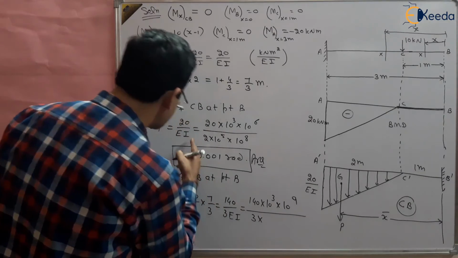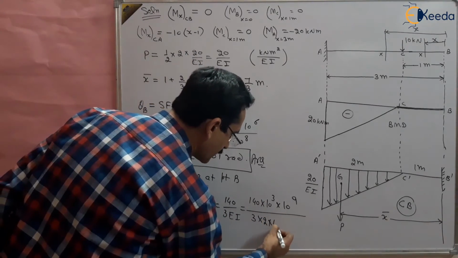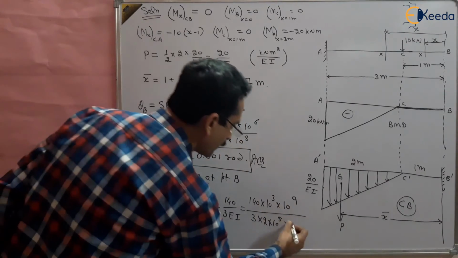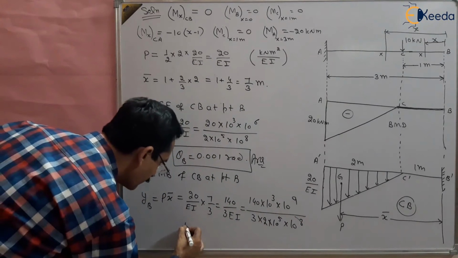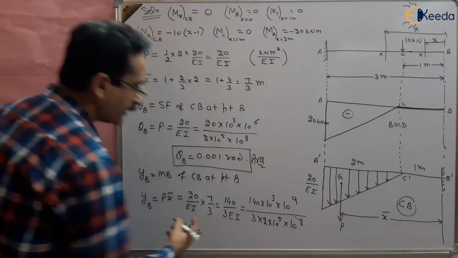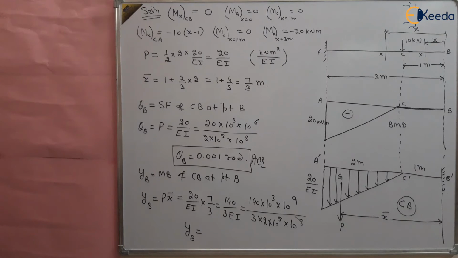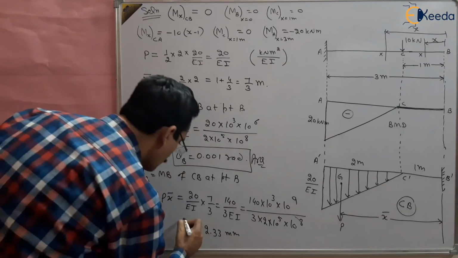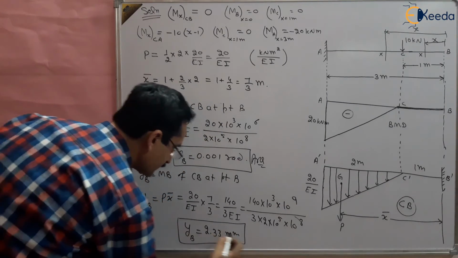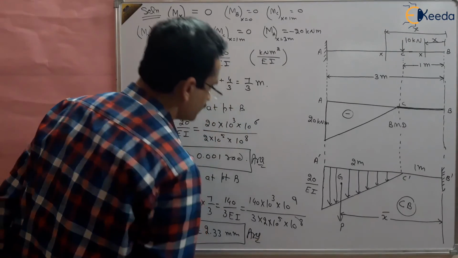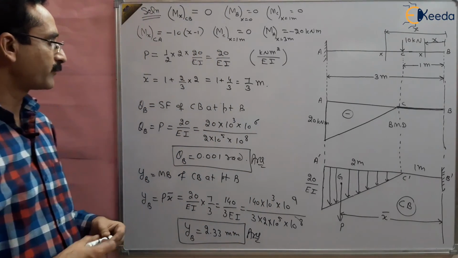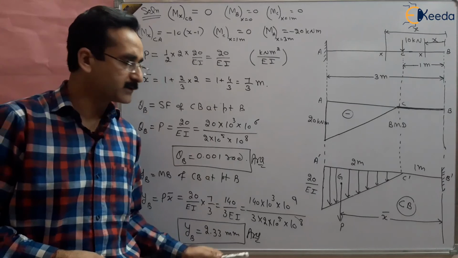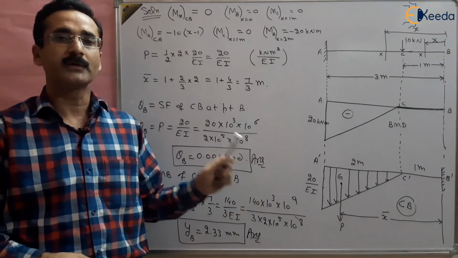E is given as 2 into 10 power 5 and I is 10 power 8. You will get the deflection at point B, which is 2.33 millimeter. So this is the answer of this question, and this is how we can find the slope and deflection of any beam using the conjugate beam method.